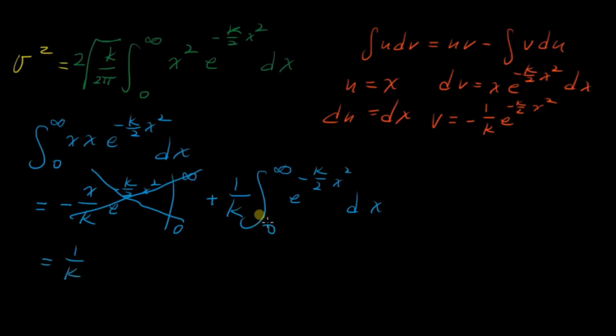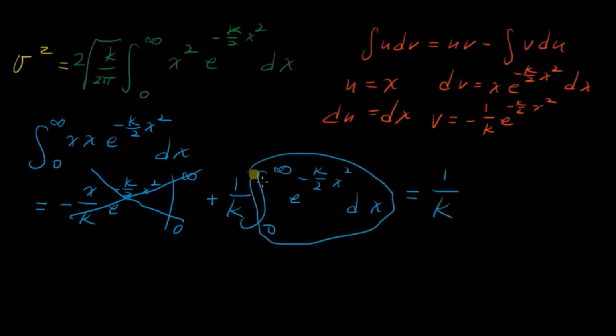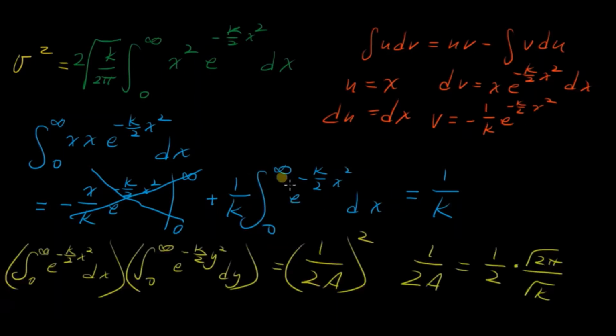Okay, so actually, let's go ahead and continue out here. So we're going to have 1 over k. This thing here, we already did. Okay, a little flashback here. Back when we squared the function and then we ended up squaring this.